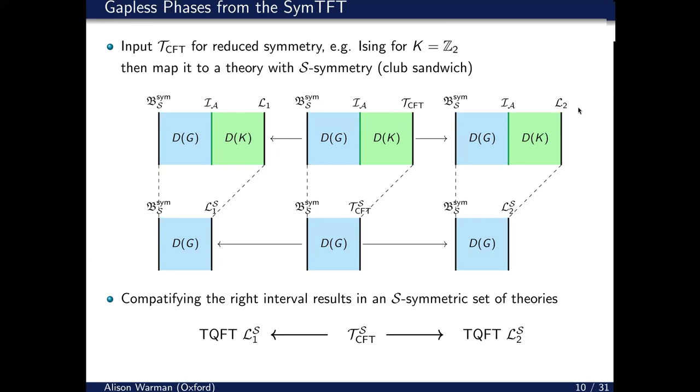Then, using the map of anyons determined from this interface, we can map this CFT as a transition between two K-symmetric gapped theories to a CFT with the full S symmetry as a phase transition between two S-symmetric gapped theories. So we can use this club sandwich technology to produce new phase transitions from known simpler ones.